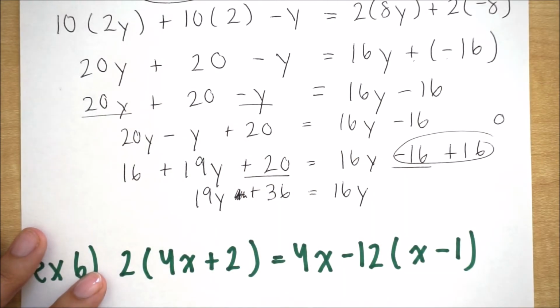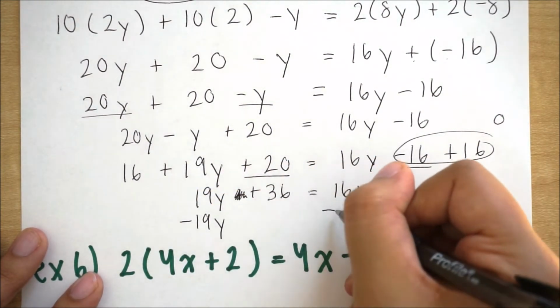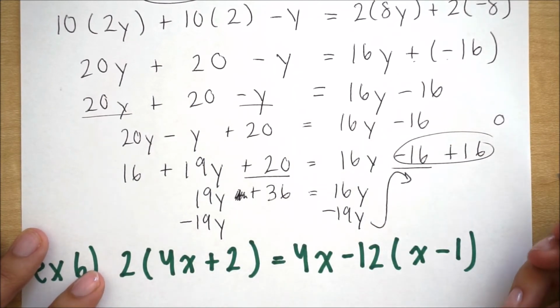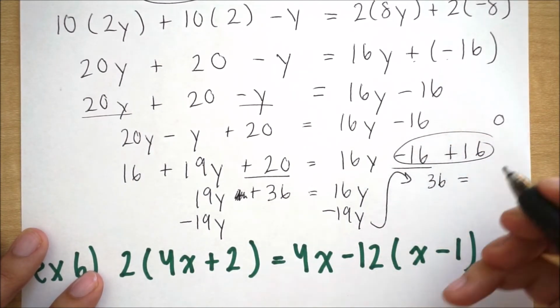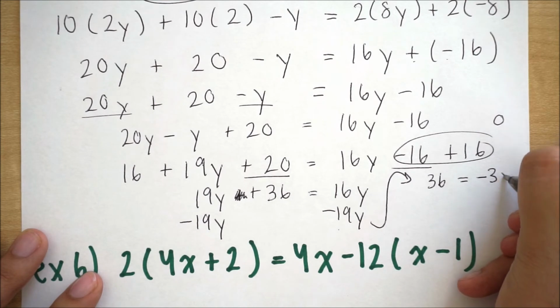Now we're going to combine the like terms of 19y and 16y. So I'm going to go ahead and subtract both sides by 19y, and I end up getting 36 is equal to 16 minus 19y, which is negative 3y. And in order to isolate y, we're going to divide both sides by negative 3.